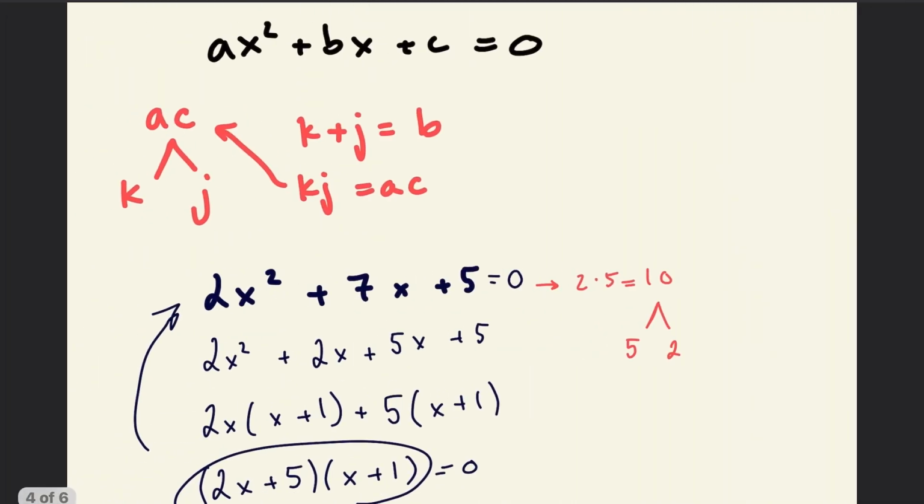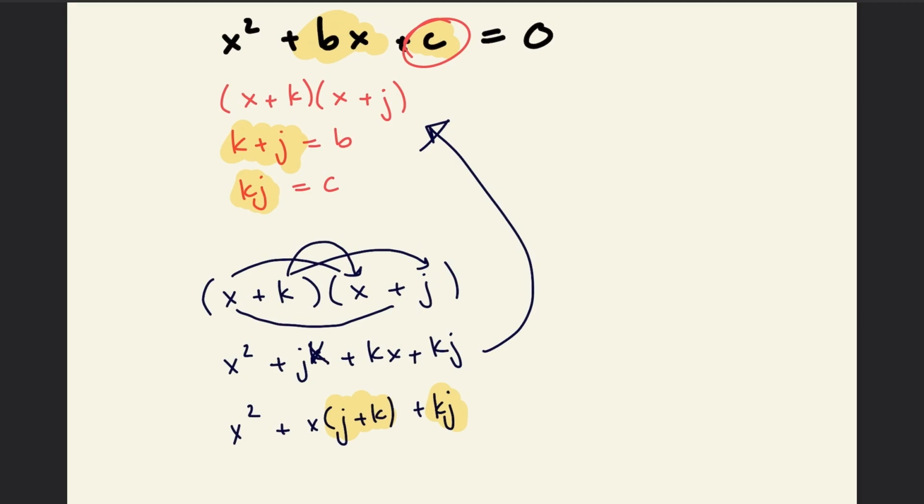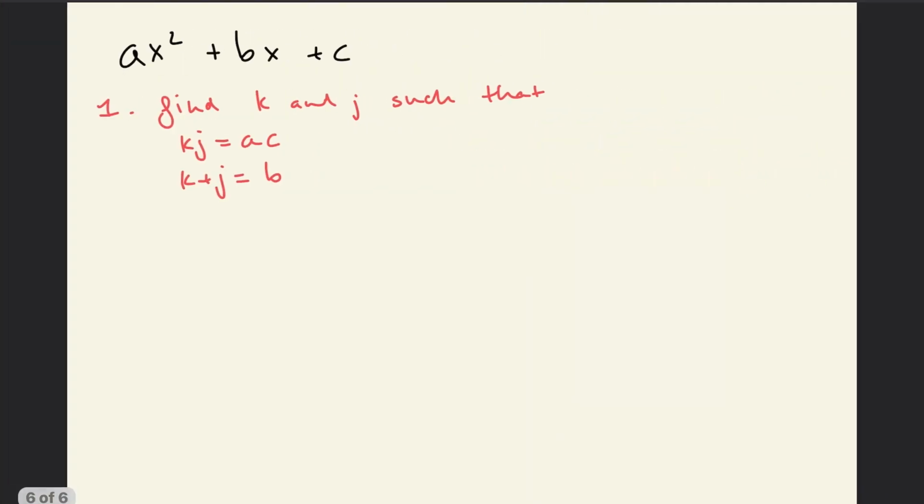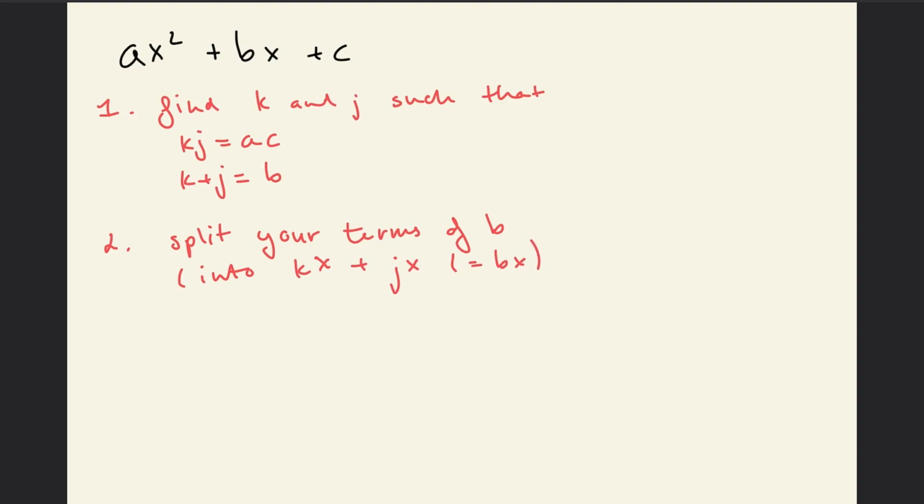This is just taking a step forward, where before it was only times c, because a was 1, so c times 1 is just c, right? But here we have something else. Then you split your terms of b into kx plus jx, which is still the same thing as bx. And then you factorize. And that's it. It's pretty simple.